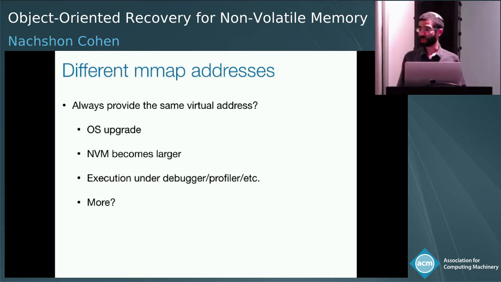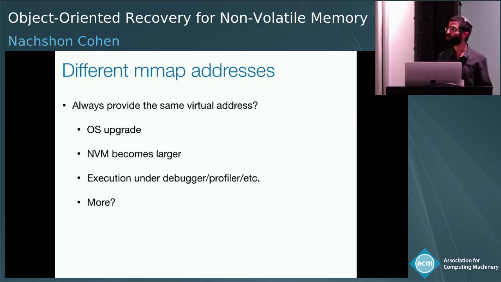At this point, you might ask, well, probably our operating system will just always give us the same virtual memory, so we don't really have to care about this. Well, probably, but probably not. Recall that we're dealing with durable data. We might have the operating system get updated. We might have the non-volatile memory become larger. We might execute the same application under a debugger or profiler.